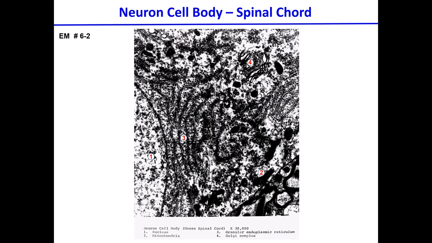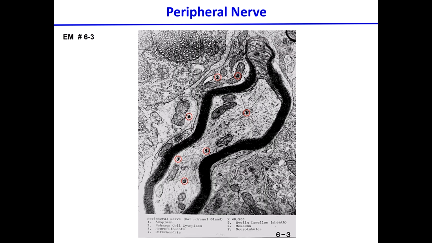Of course, in a neuron, this is supposed to go down the axon. The nucleus, the endoplasmic reticulum, and the mitochondria are the number 2, which are right here. And sometimes the problem with electron micrographs is that if they are not properly exposed, you cannot see too much detail.